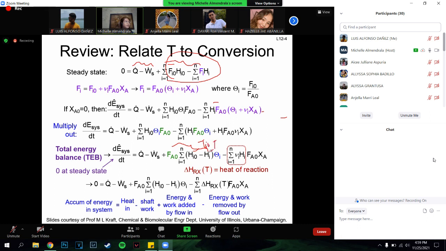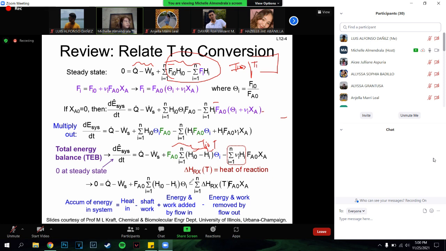So this will be the energy of the reactants entering, as the temperature of the reactant changes from T sub i0 as they enter to the temperature inside the reactor. So this is the delta T.